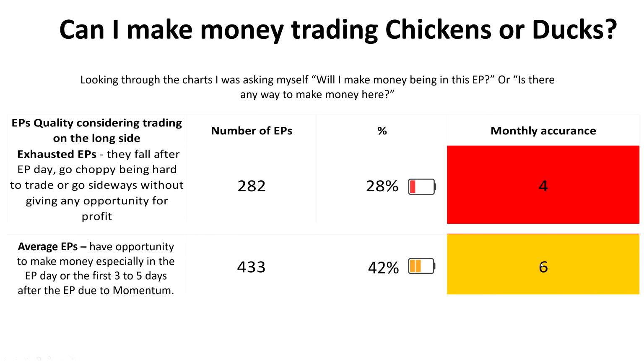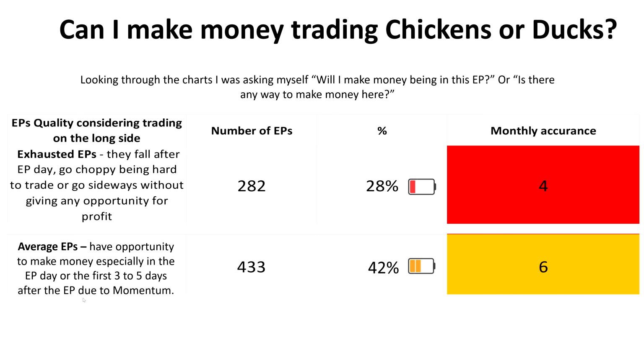Then there are 433 of them, 42% of the total EPs, about 6 of them per month, which I call average EPs, and they have an opportunity to make money, especially on the EP day or the first 3 to 5 days after the EP, due to the momentum that is still there following the catalyst.